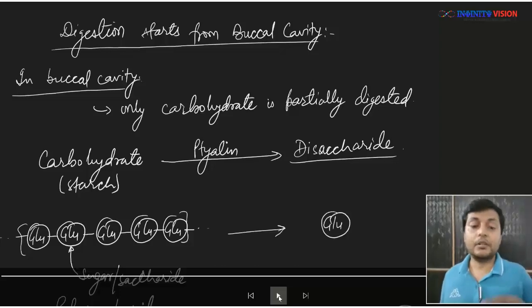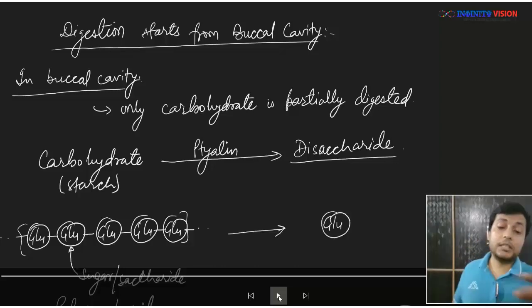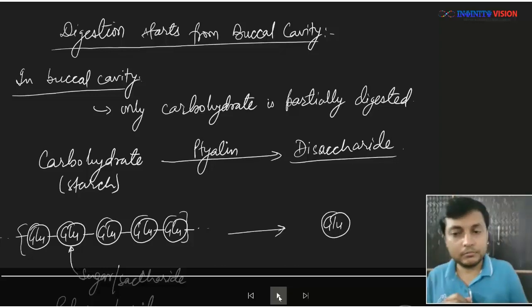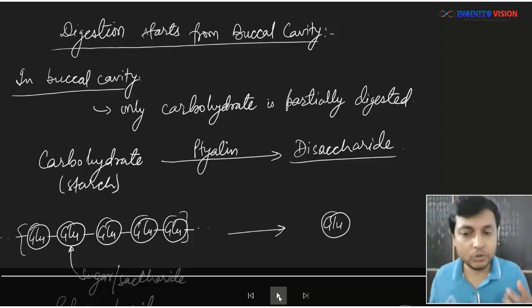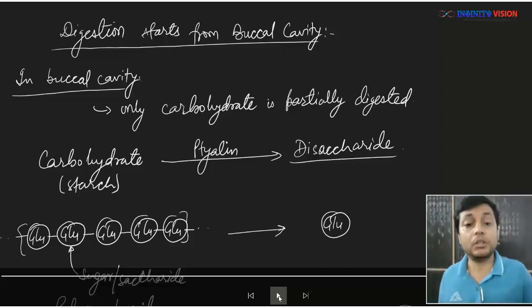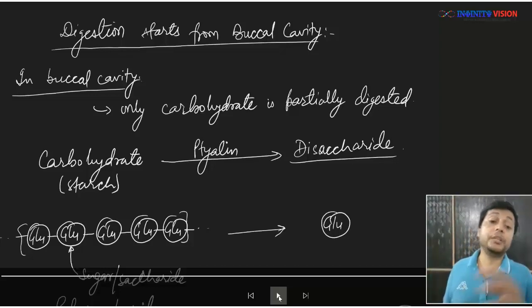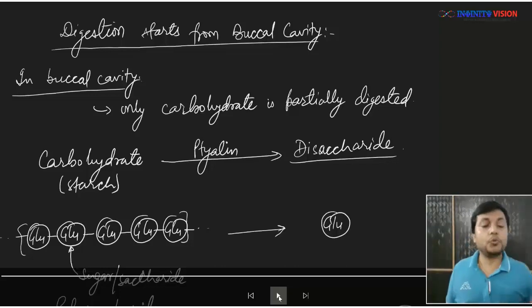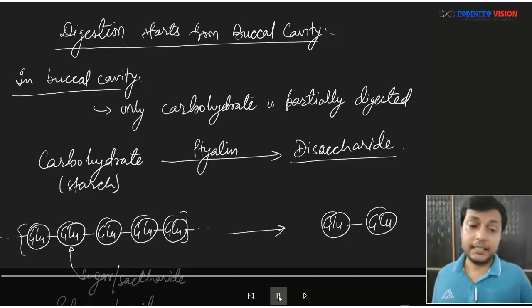If the polysaccharide is broken down into small pieces having 3 to 10 sugar molecules, we call it an oligosaccharide. If you break it into parts having only 2 sugar molecules, we call them disaccharides.